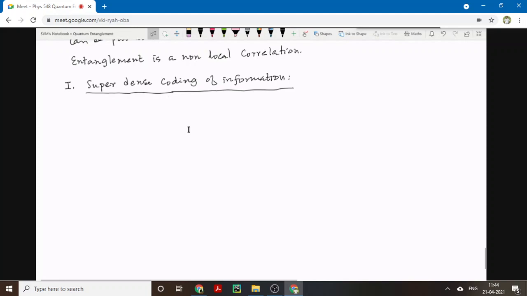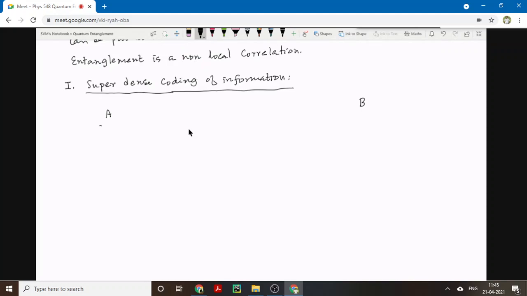Let us say that you are sitting here. This is you, and then there is a friend of yours, B, sitting somewhere far away, and you are wise to think that maybe some information transfer between you is required, and hence when you were together in the past, you created a 2-qubit system in one of the maximally entangled states, and 1 qubit your friend has taken, and you have 1 qubit. So this is the initial setting.